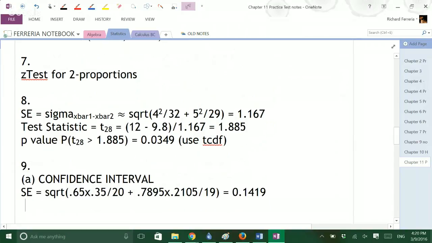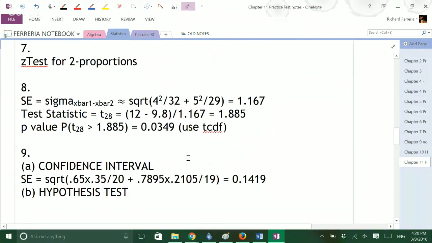Now for a hypothesis test, we compute PC. PC is going to be equal to the number of successes, which is 13 plus 15, divided by the total number, which is 20 plus 19.